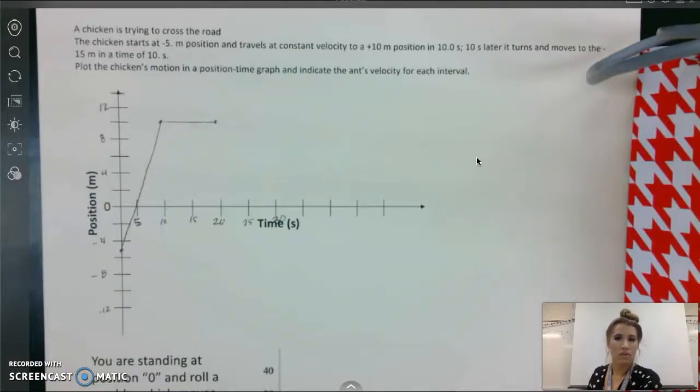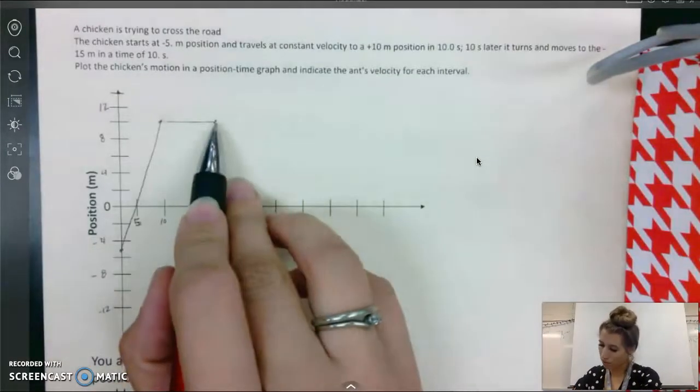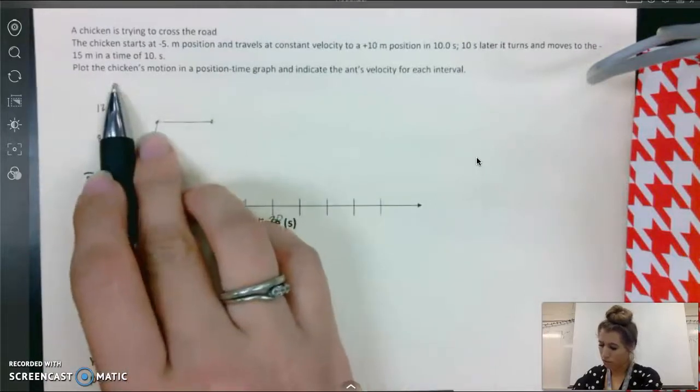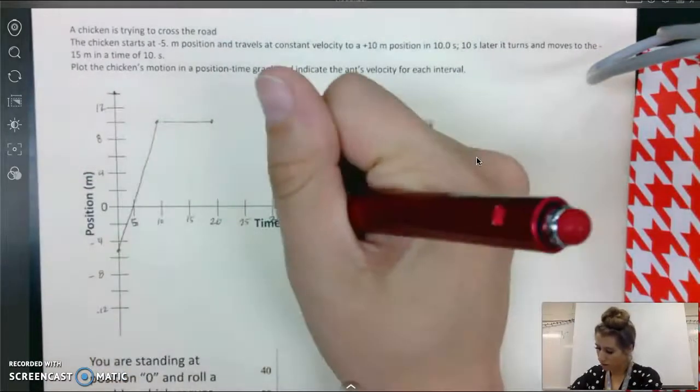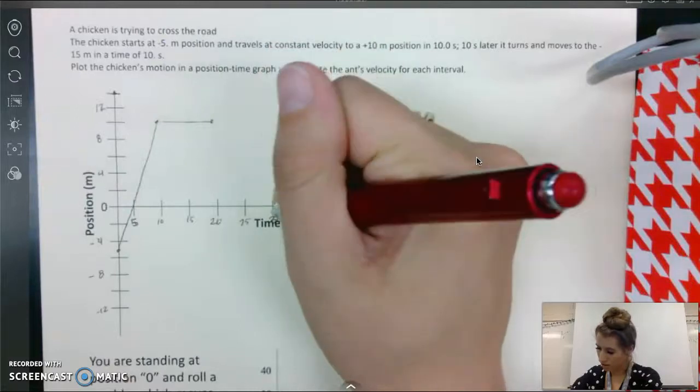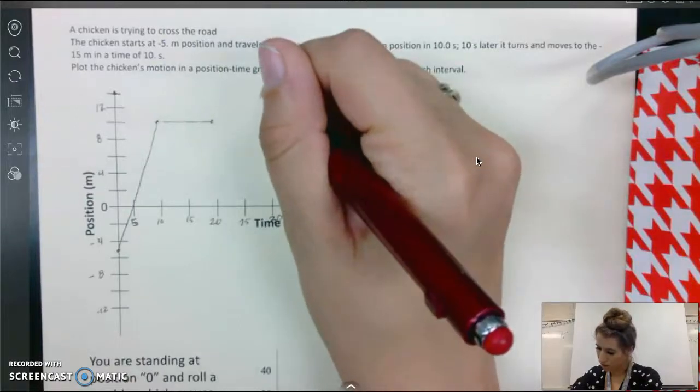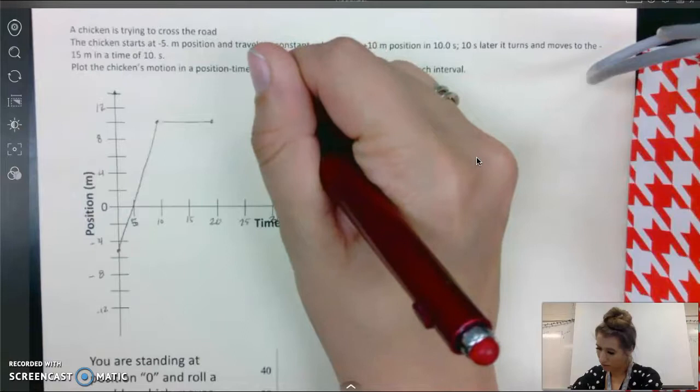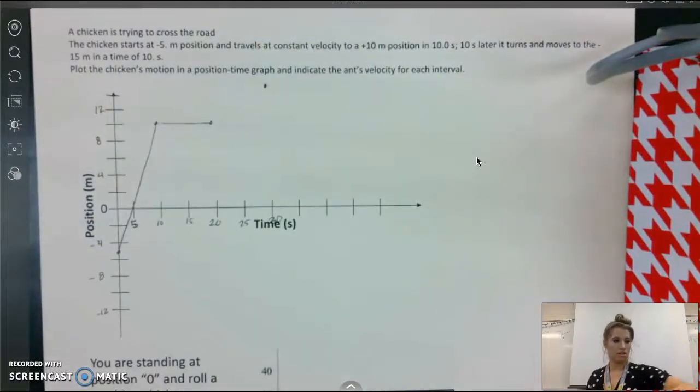And now we're going to turn and move to the positive 15-meter mark in a time of 10 seconds. So we're going to go from here to there's 14, so 15's right there. That's going to happen in 10 seconds, so we're going to end on that 30-second mark.